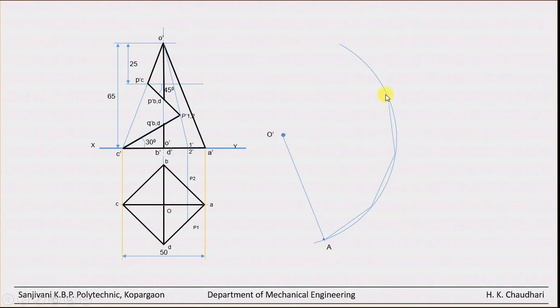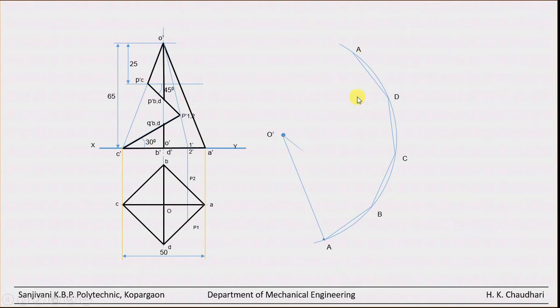So try to draw such edges on the development. Okay, you can name the points B, C, D, and this is again the closing edge A.